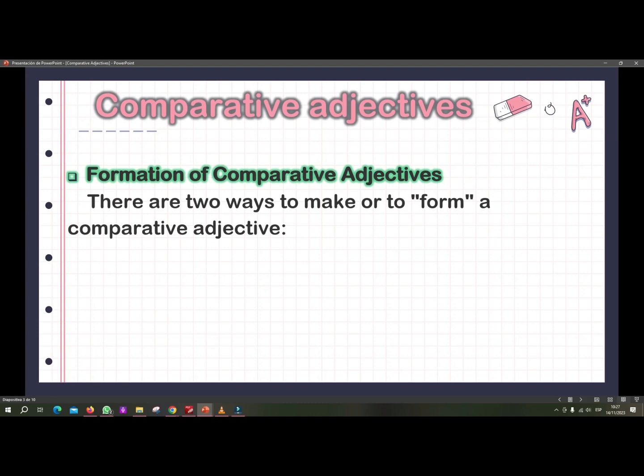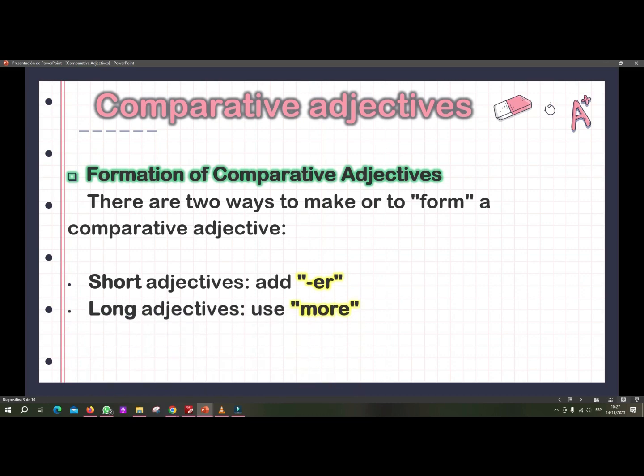Formation of comparative adjectives. There are two ways to make or to form a comparative adjective. Short adjectives add ER, and also long adjectives use more. En este caso tenemos dos opciones para formar los comparativos.